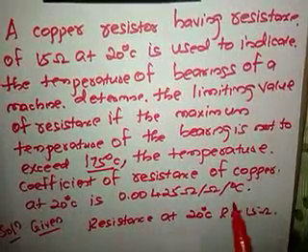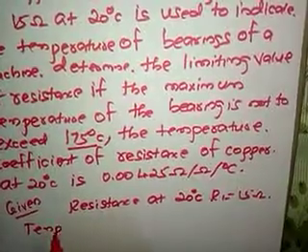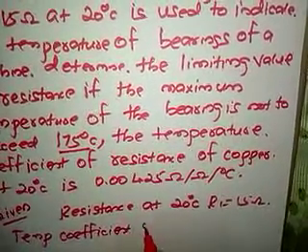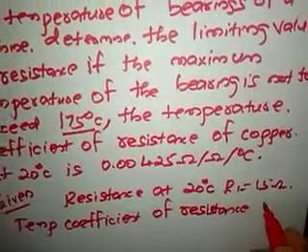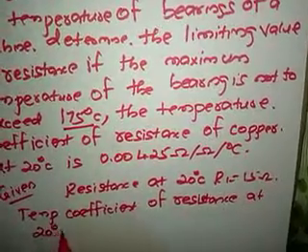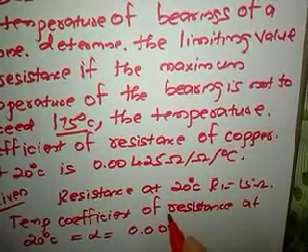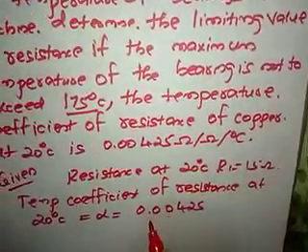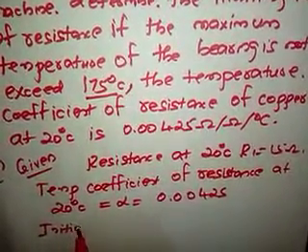Temperature coefficient of resistance of copper at 20 degrees Celsius, alpha, is equal to 0.00425.